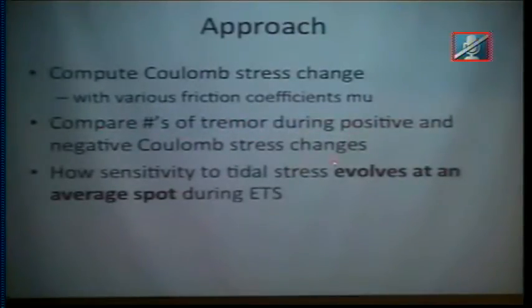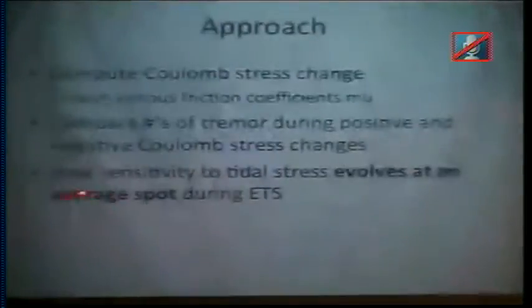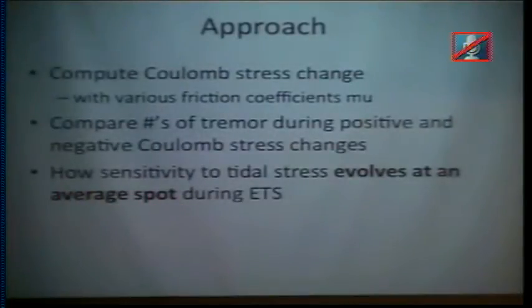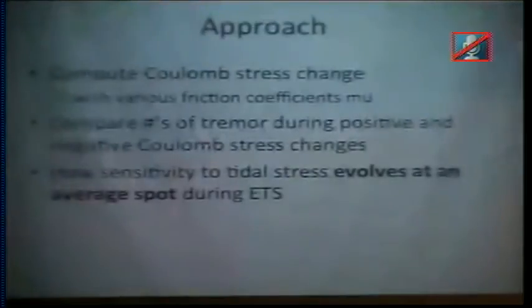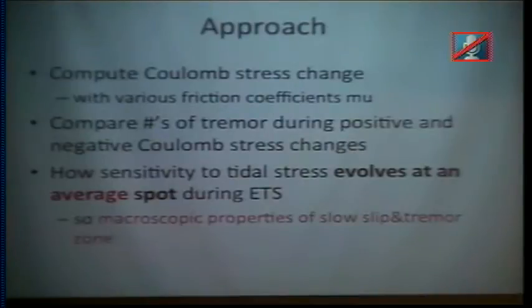I'll compare the numbers of tremor during the positive and negative Coulomb stress changes on the inferred fault plane, and I'll study how sensitivity evolves at an average spot. And evolves is important because it's changing over the 5 days, and average spot is important because I've lumped together the entire region.